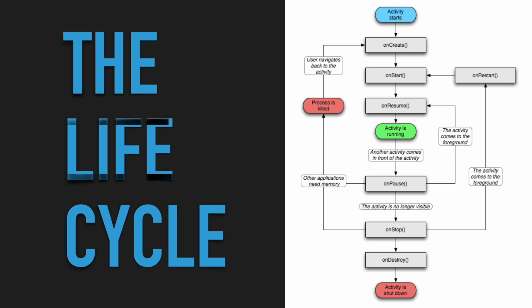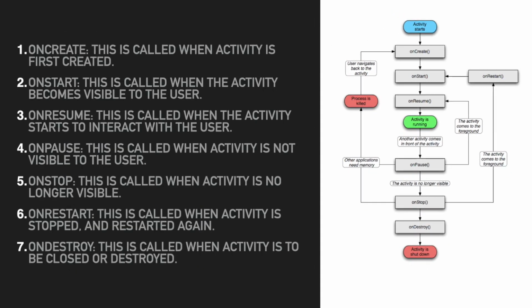One of the very important ones, the first level, is onCreate. It is called when the activity is first created. As I told you, activity is the framework, so the onCreate function enables itself when the activity is first created. Then comes onStart, the second after onCreate. onStart is called when the elements within that activity come into existence or become visible to the human eye.